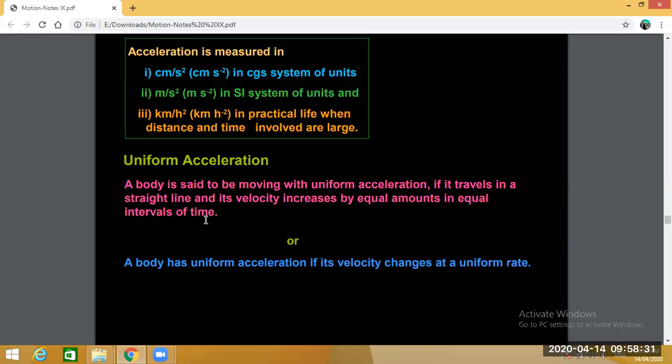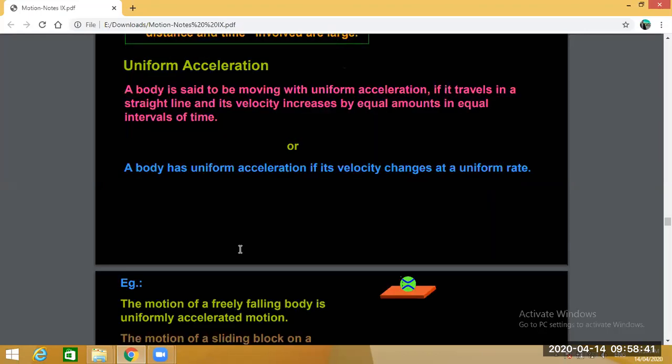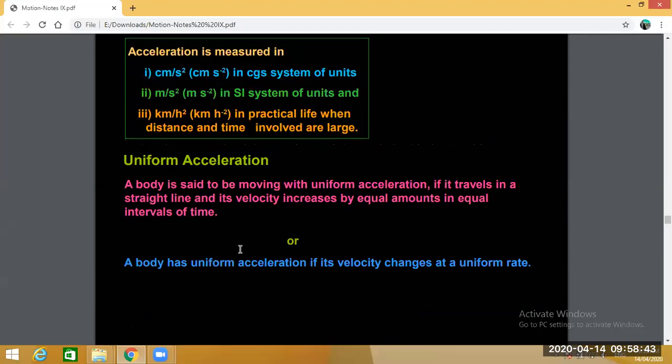Therefore, a body has uniform acceleration if its velocity changes at a uniform or constant rate. This implies that if the velocity of a moving body increases at a constant rate or decreases at a constant rate, then the body is said to be moving with uniform acceleration or deceleration.